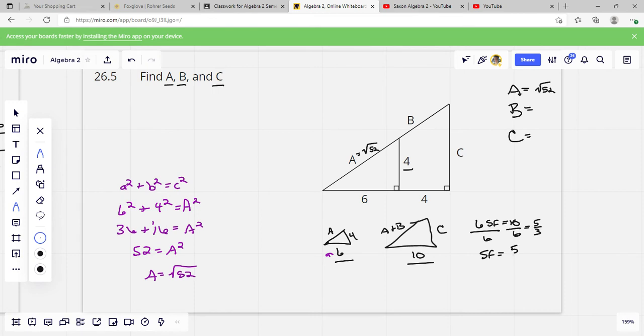Our scale factor is 5 over 3, and so that means we just multiply 4 times our scale factor, right? So 6 times our scale factor equals 10, so 4 times our scale factor is going to equal C. Right, so that means I'm going to do 4 times, I'll just make that be 4 over 1, 5 over 3. 4 times 5 is 20 over 3. So C is equal to 20 over 3. And we've already done ones like that before, where we use the scale factor.